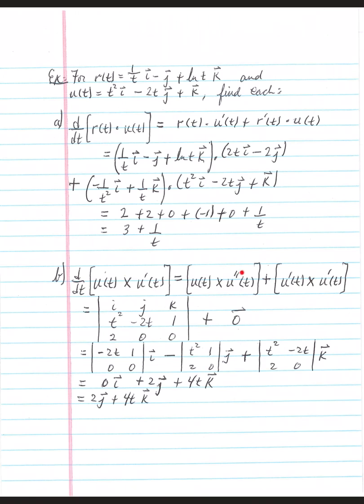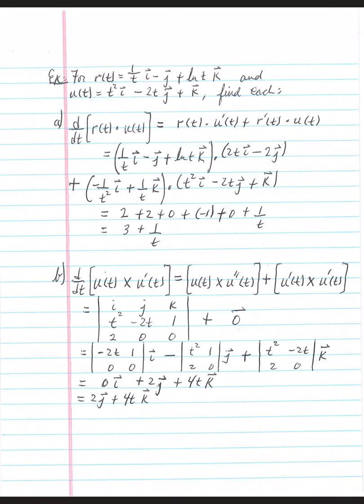It's u crossed with the second derivative plus the first derivative crossed with itself. Now there's a nice property back when we covered cross product, and I think it's on that previous page too, but when you cross the same vector with itself, you get the zero vector. So it's mainly just concentrating on this first bracket.